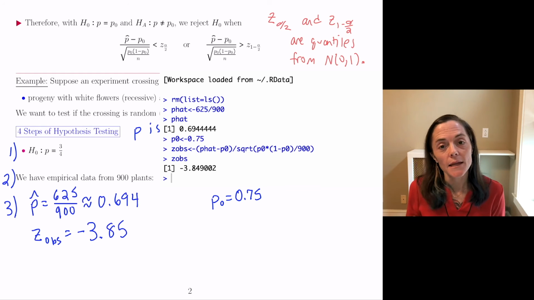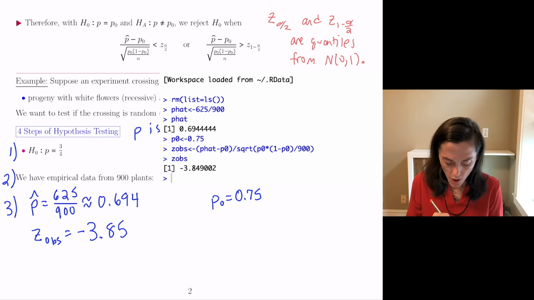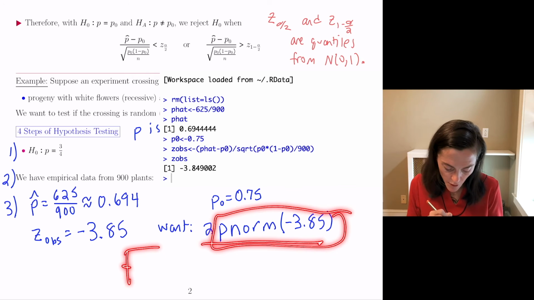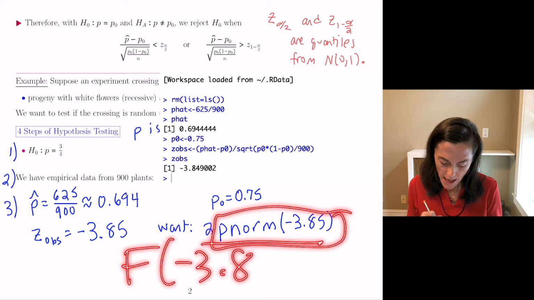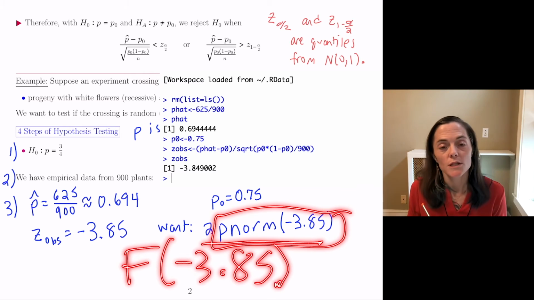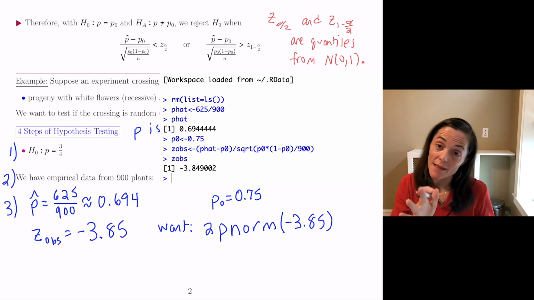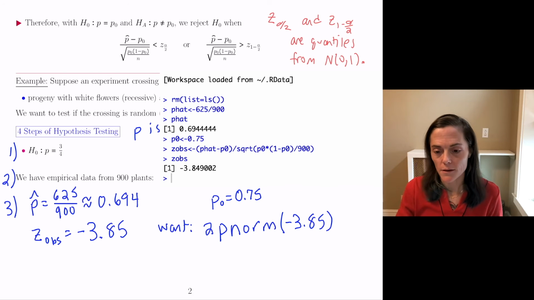Now, this is negative, so what we want is 2 times capital F of minus 3.85, which is the probability that a standard normal random variable is less than or equal to minus 3.85. The 2 times will get the area in both tails.